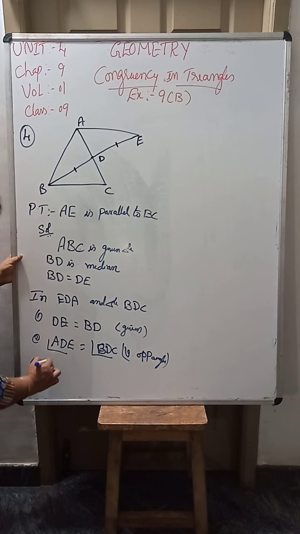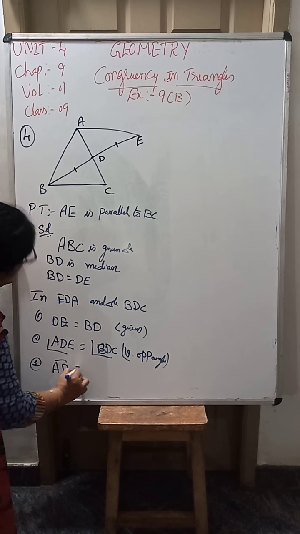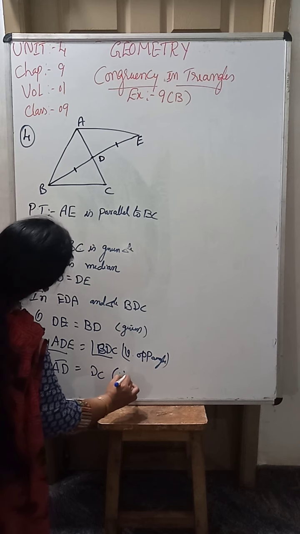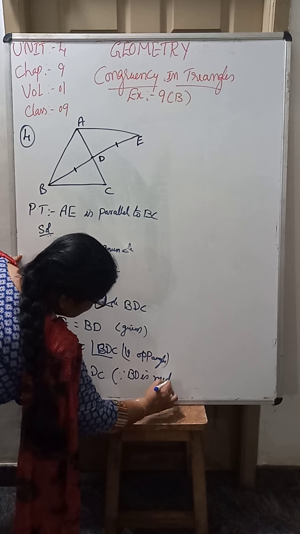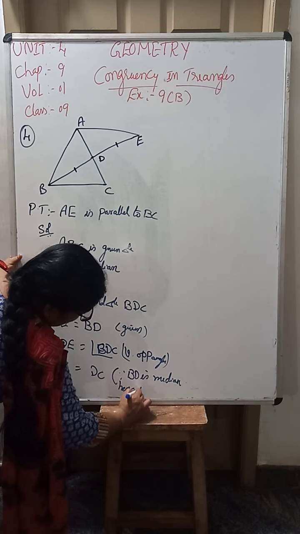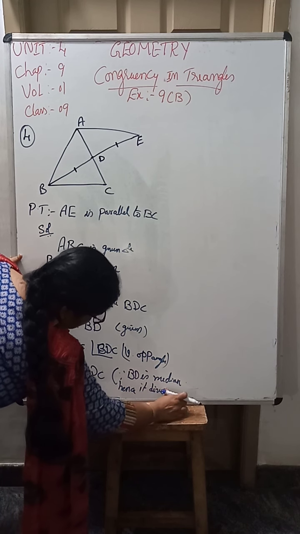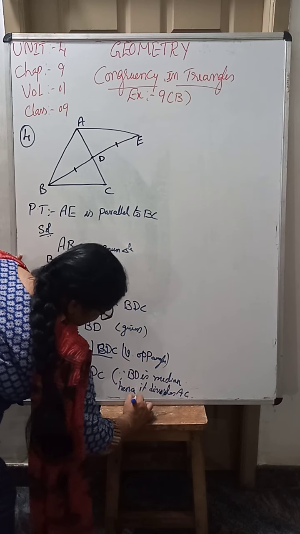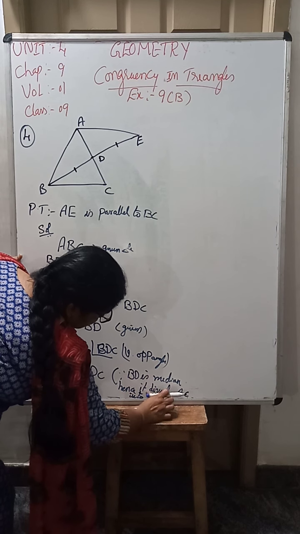Third one, AD is equal to DC because BD is median, hence it divides AC into two equal parts.